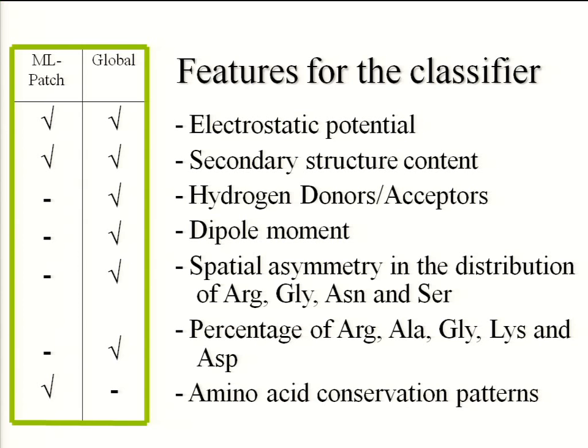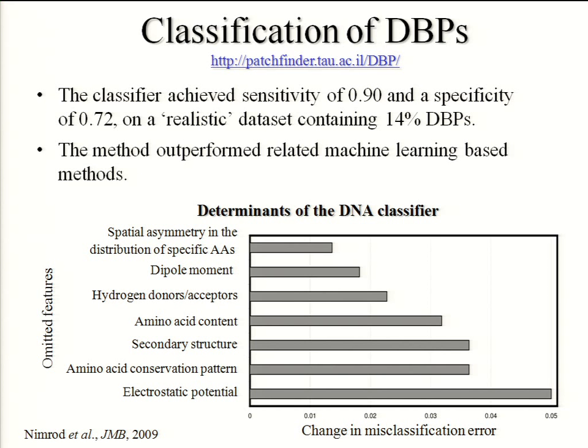In general, I'm not going into detail over all this, because it appears in the publication. But the classifier achieved a sensitivity of 90% and specificity of 72% on a data set that we consider realistic, in that it contains about 15% DNA binding proteins, realistic for when you analyze a whole genome or something.